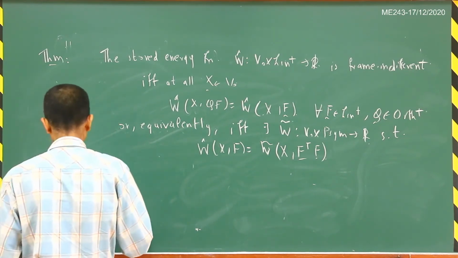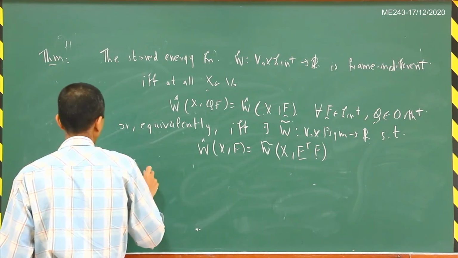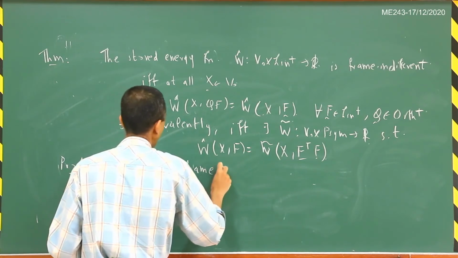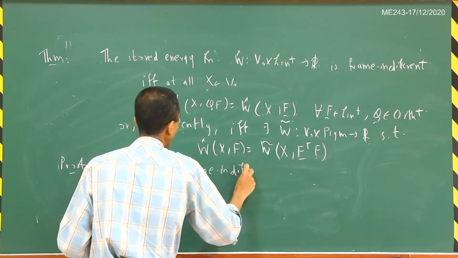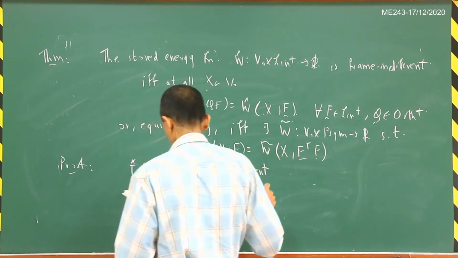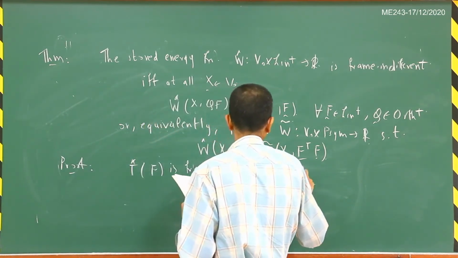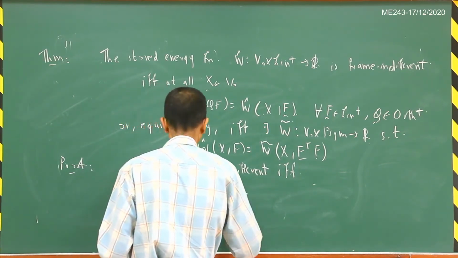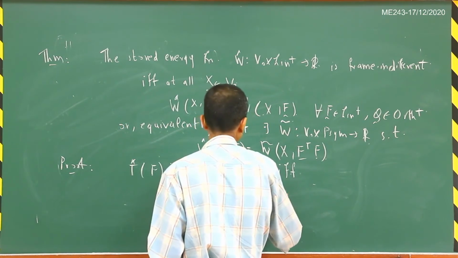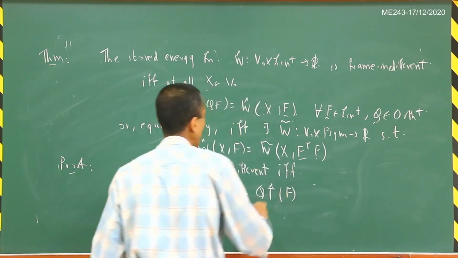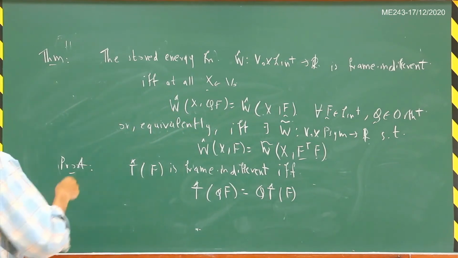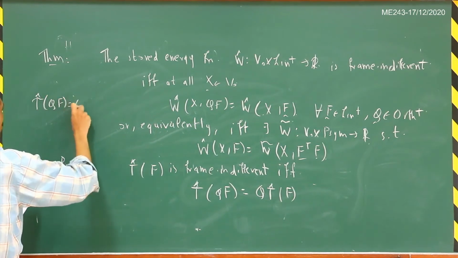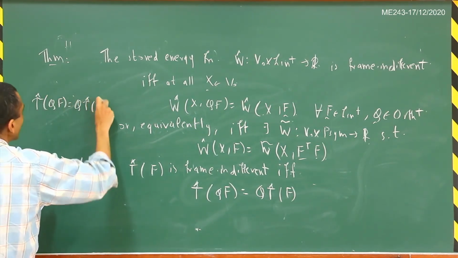So T hat of F is frame indifferent, effectively, if T hat of QF is equal to Q times T hat of F. Okay, so this condition we obtain from the condition that tau hat of QF is equal to Q times tau hat of F times Q transpose, right?